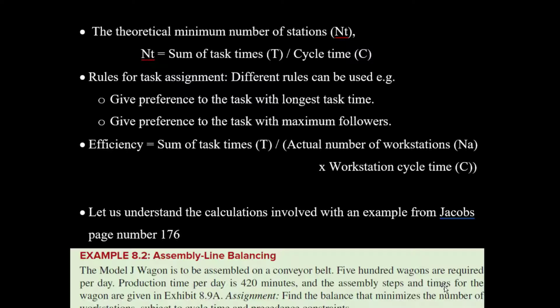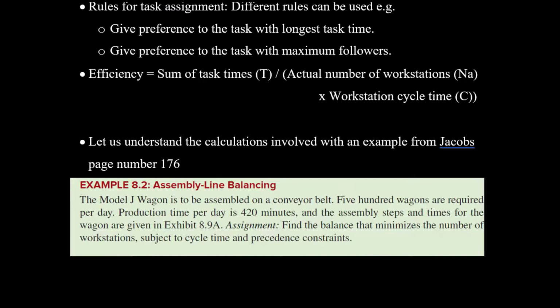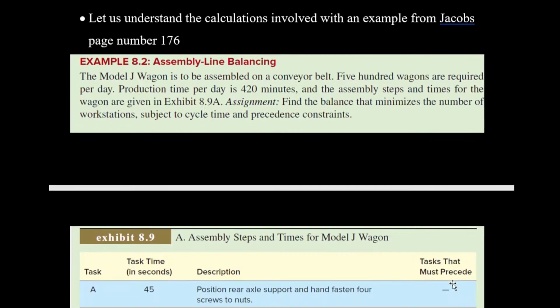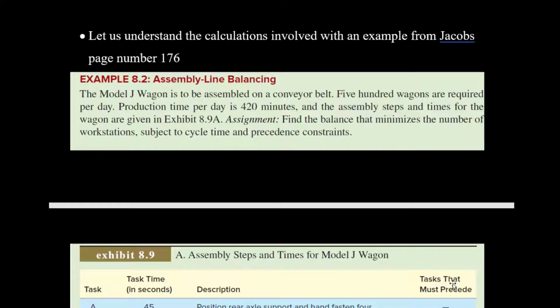Now let us understand these calculations involved in assembly line balancing through an example from Jacobs, page number 176. The example goes like this. The model J wagon is to be assembled on a conveyor belt. 500 wagons are required per day.